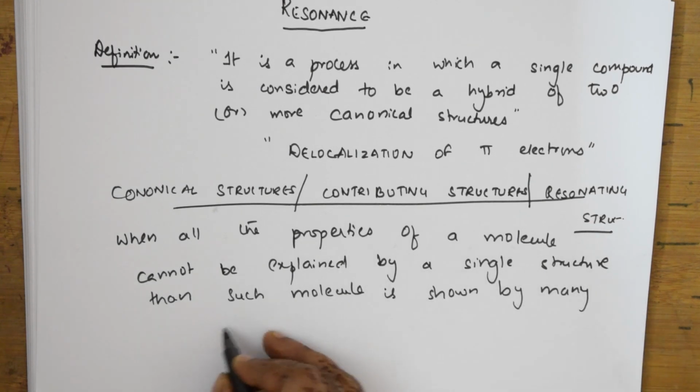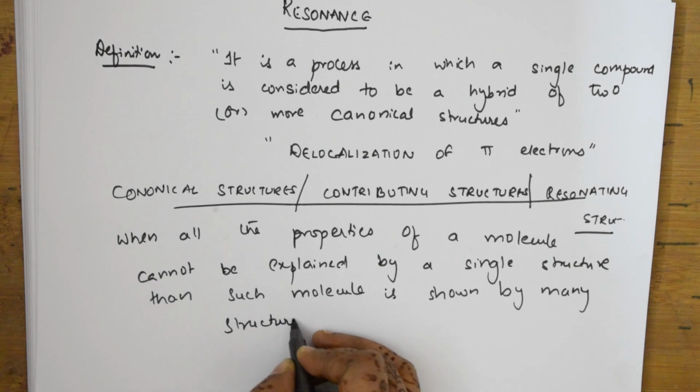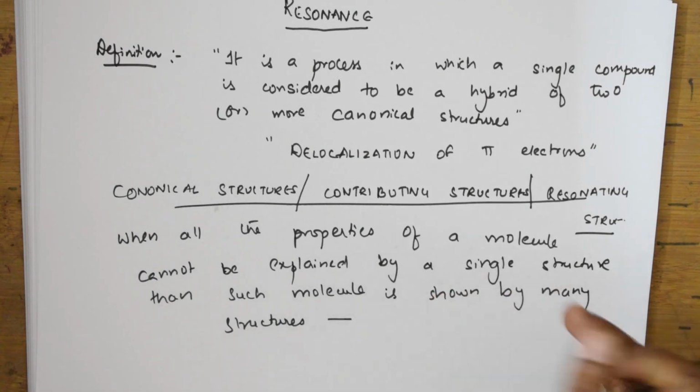Those many structures are called canonical structures. Hope this is clear.